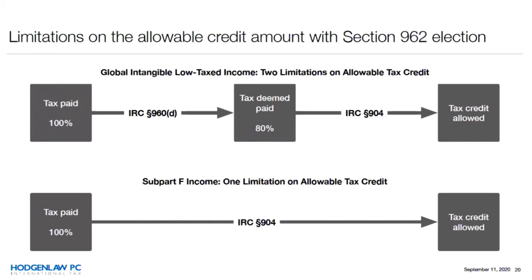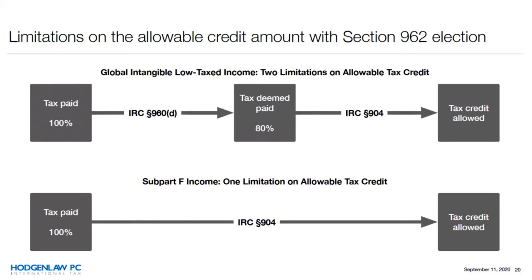So that's the Section 904 limitation, which limits you to the amount of actual tax paid on that income item. So for global intangible low taxed income, there are actually two limitations on how much tax credit you can claim. And this is all baked into the Form 1118. And so this is another good reason to use a dummy tax return in Lacerte or your favorite tax return prep software just to do all the hard work for you on Form 1118.